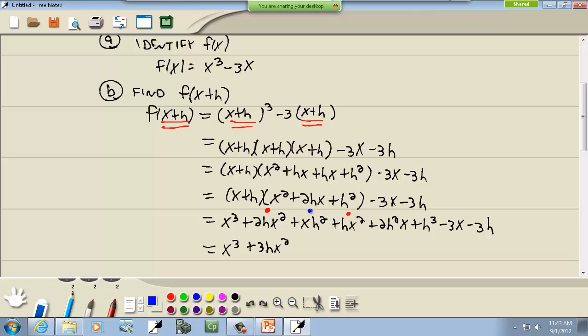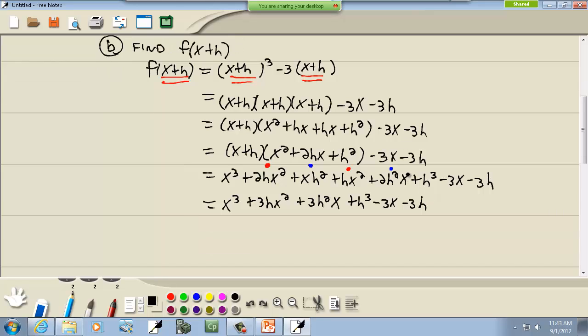Here's an h squared x, and here's an h squared x. This is an invisible 1 here, so we got 1 plus 2, which gives us 3h squared x. And then we got h to the third minus 3x minus 3h. And that's our f of x plus h.